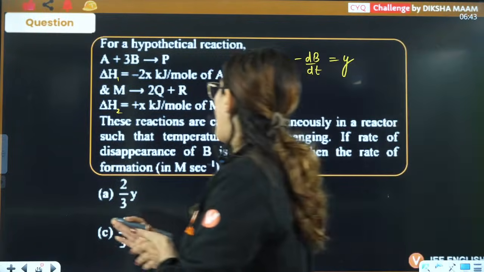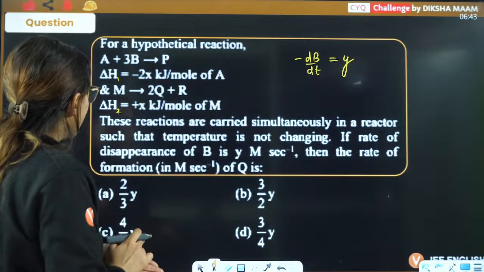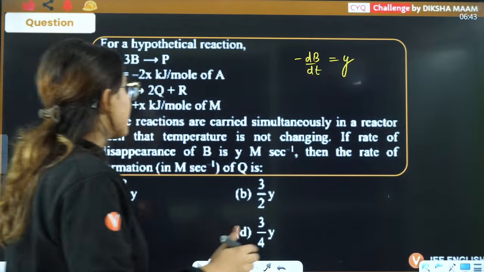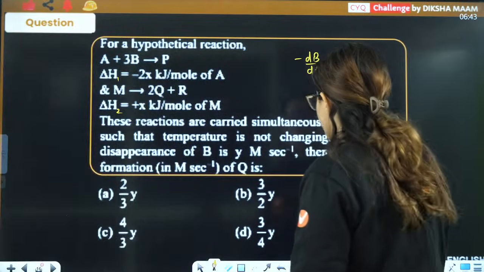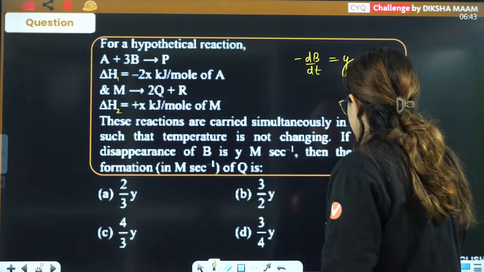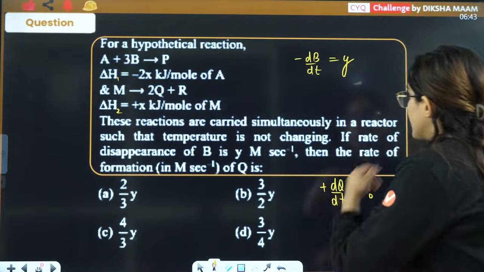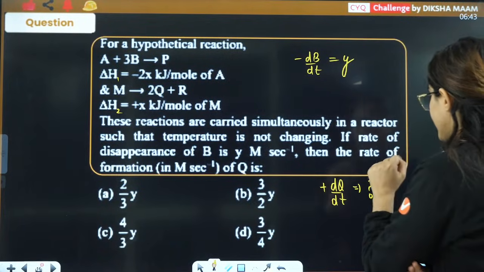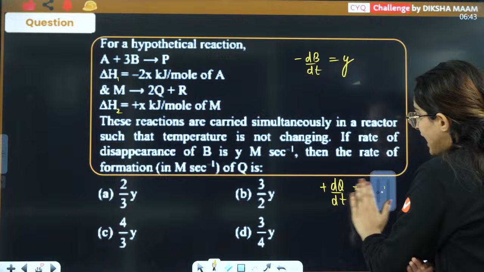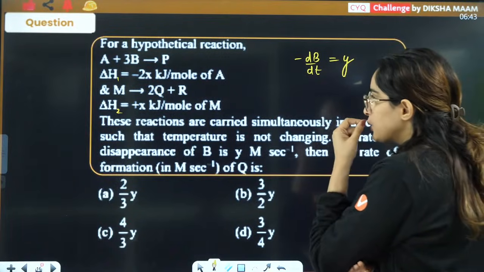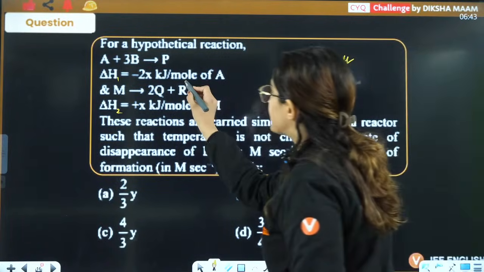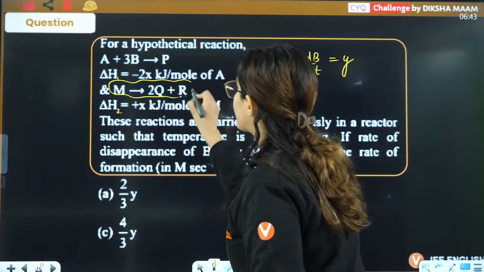Now, somehow I have to calculate the rate of the formation. That means I want to calculate the rate of dQ by dt. You know how I will calculate? Firstly, from this reaction, tell me how Q and M are related.